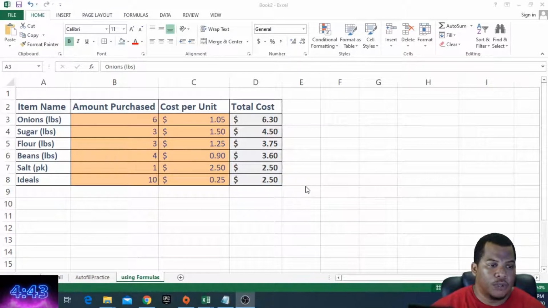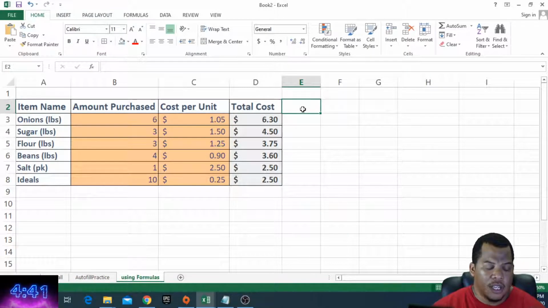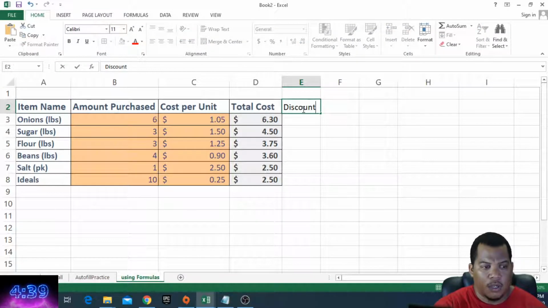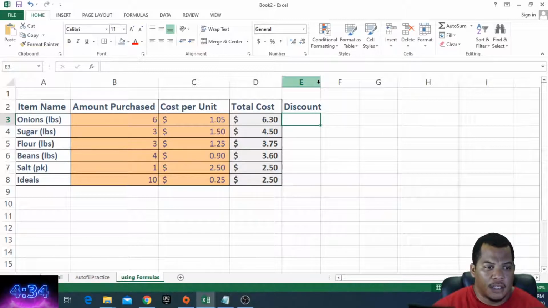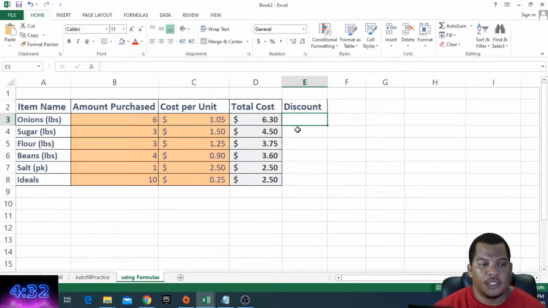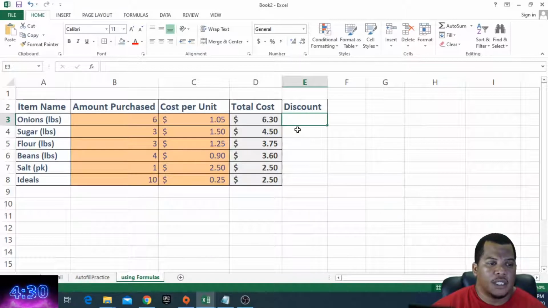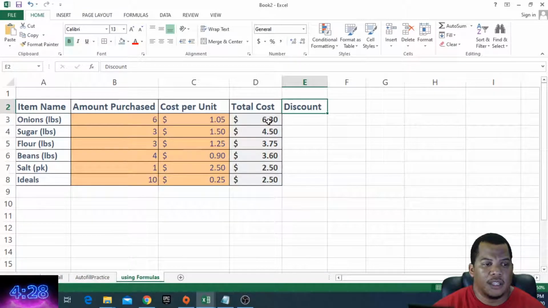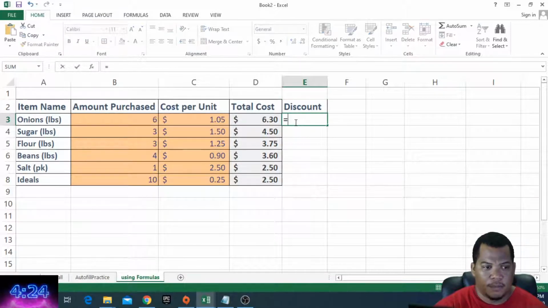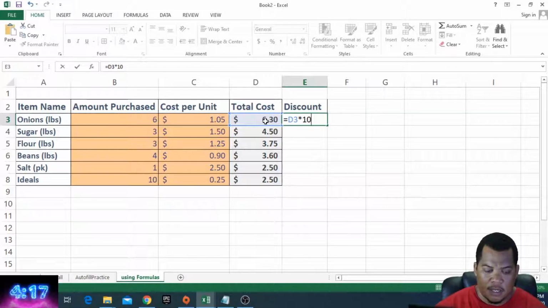So how we would do that is we would insert a new column called discount, and let's say we're doing 10%. The way you're thinking about doing this is that you would say it is 10% of the total cost, right? So that would be equal, in this case, this cell, which is D3, times 10%.